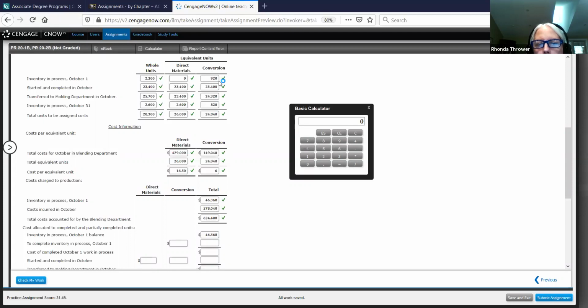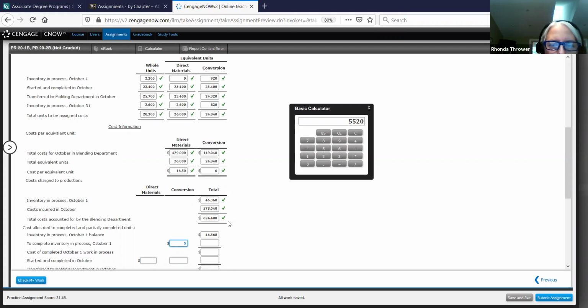There were 920 units. I'm going to multiply the 920 units by the conversion cost per unit that we figured out for this month. And that's going to give you the conversion cost that we needed to finish our beginning inventory units.